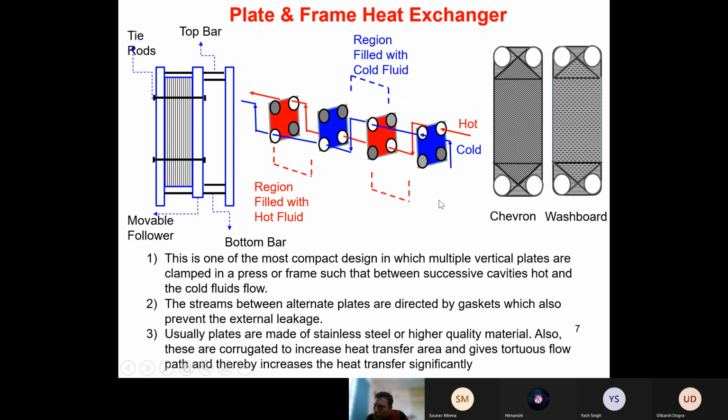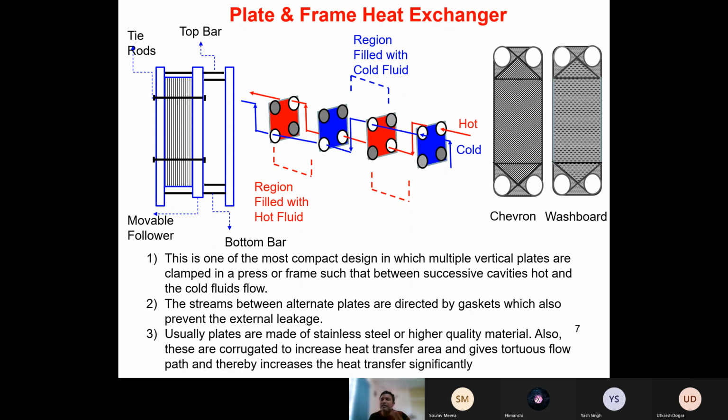So here I have shown two types of corrugated plate. One is the chevron type of plate, and another one is the washboard type of plate. Okay, so these corrugations basically increase the heat transfer coefficient and rate of heat transfer.